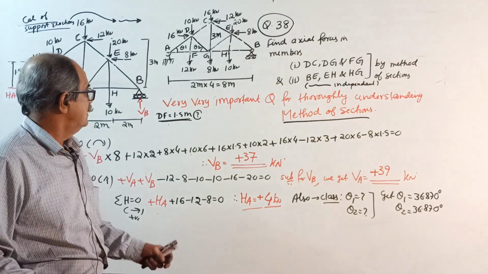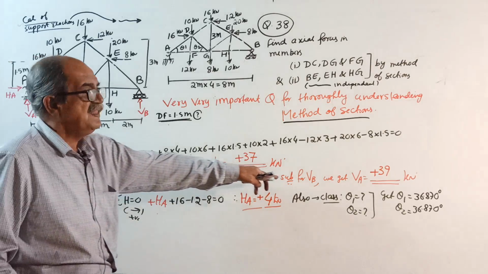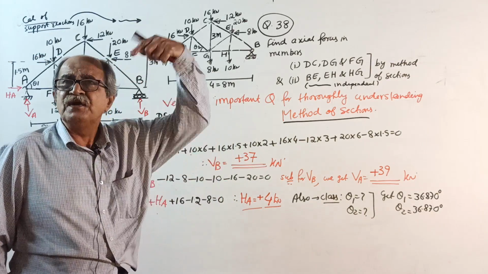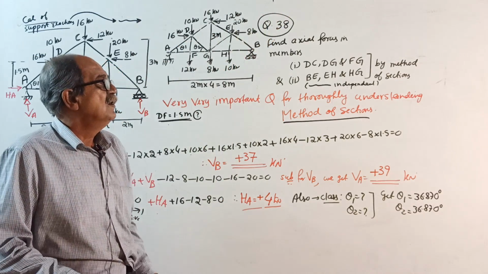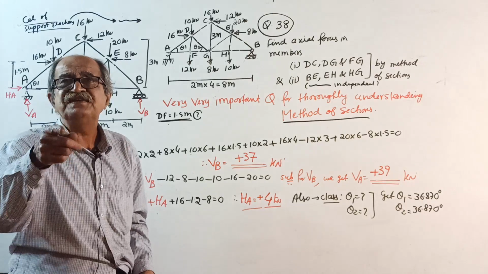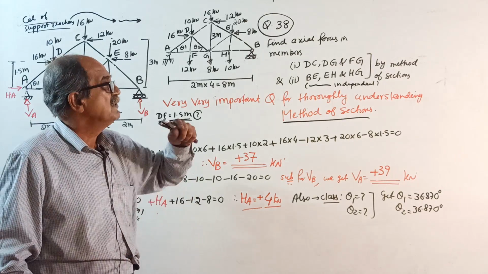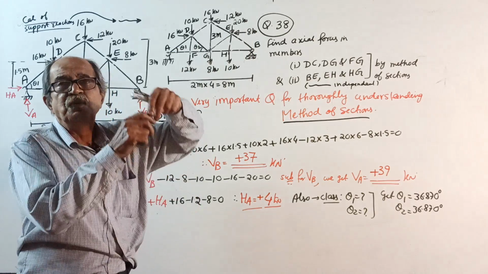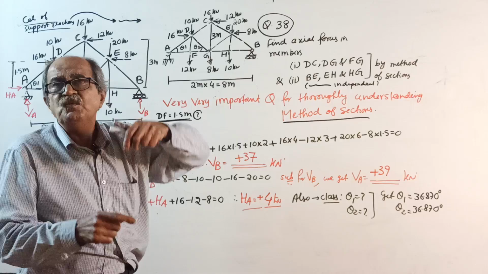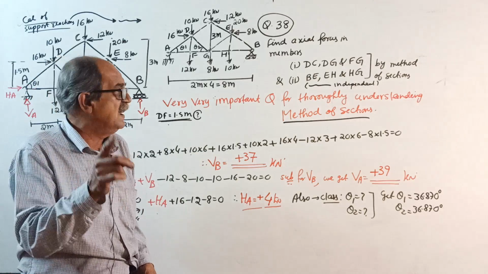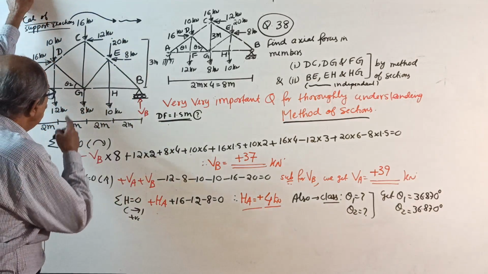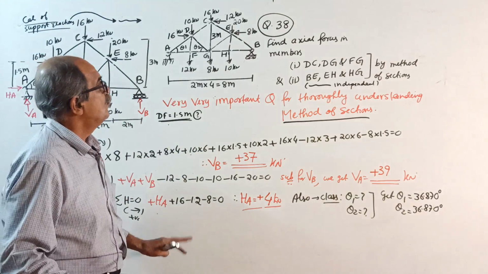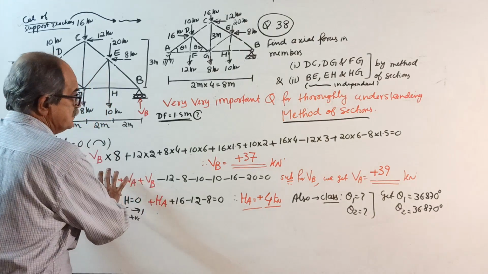By chance, if any reaction comes negative here, then when you go to method of sections, if you are considering that reaction, you mark that reaction without sign in a direction opposite to the direction assumed here. Make a note. Okay, now everything is over.